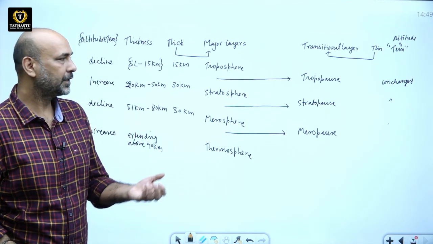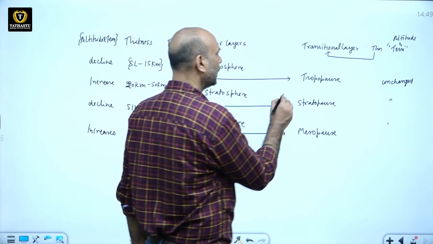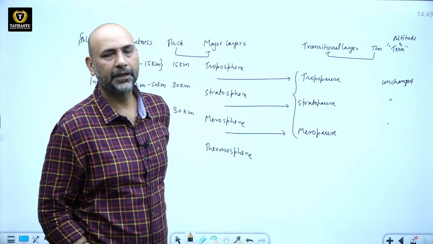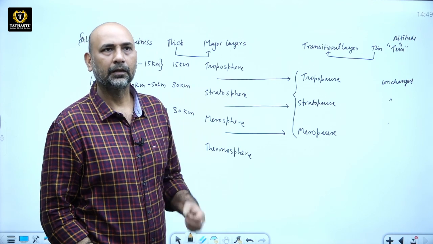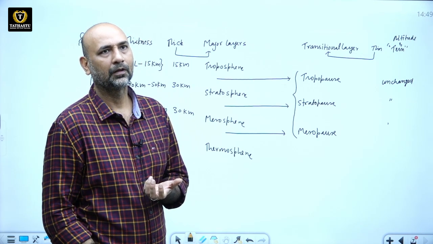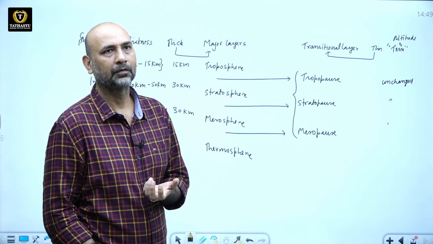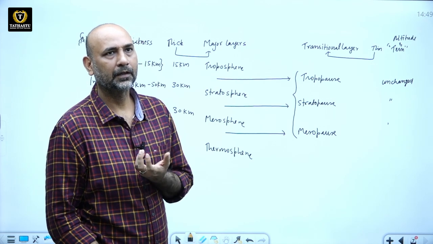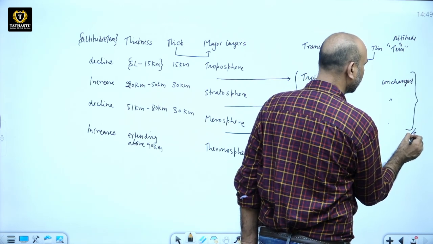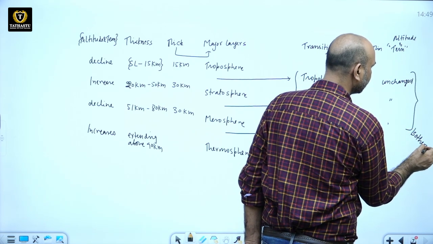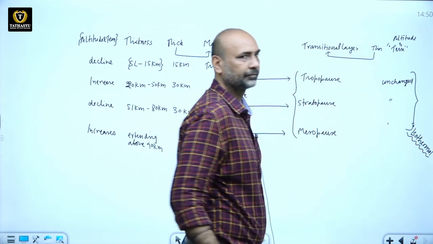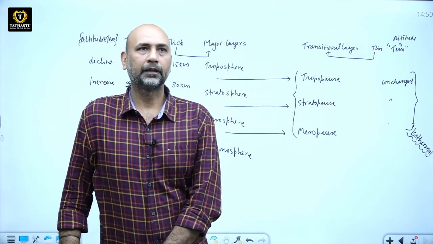We can solve this mystery over here itself. Why? In tropopause, stratopause and mesopause, temperature does not change with altitude. That phenomenon in geography is known as isothermal. Remember, these layers are isothermal.